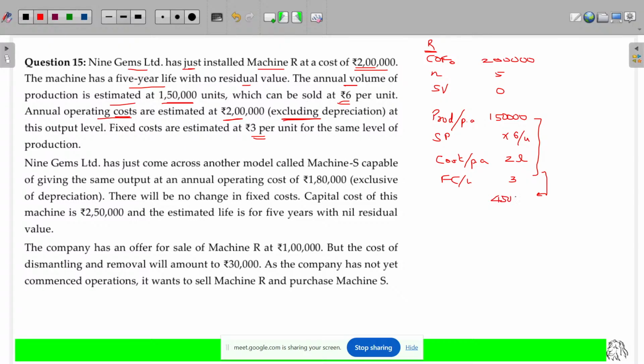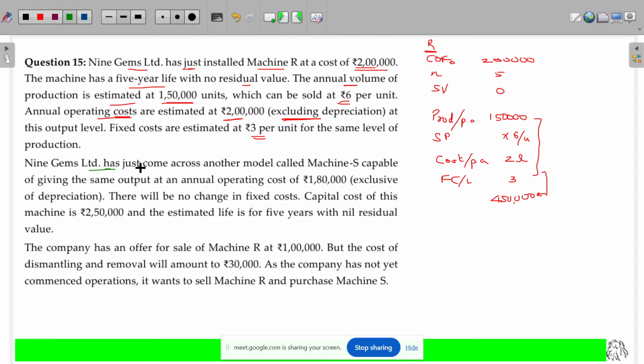This remains constant. If you produce more or less than 1,50,000 units, the fixed cost remains the same. Suppose you produce only 1 lakh units, the fixed cost is still 4,50,000 rupees. Dividing by 1 lakh, 4 rupees 50 paise will be the fixed cost per unit. Usually fixed cost per unit is varying in nature.